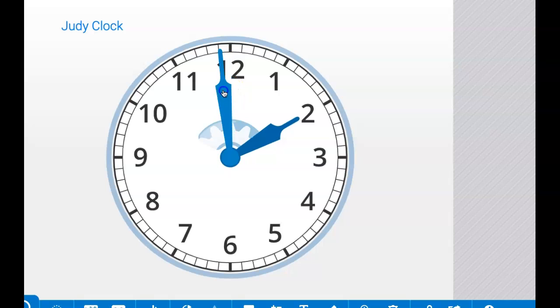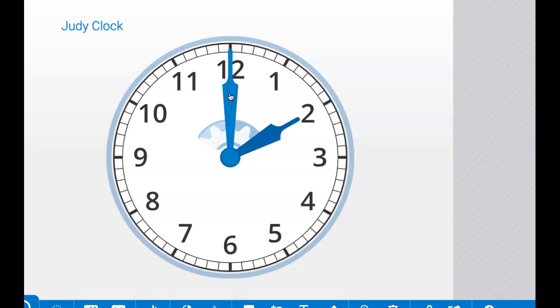Let's think back to the time it just was. It was just 1:55. And then we added 5 more minutes. Now, if we counted by 5s from 55, we would count 55, 60 minutes.